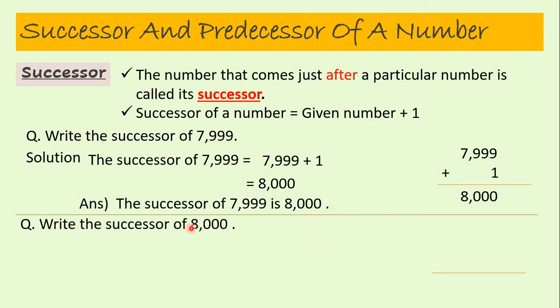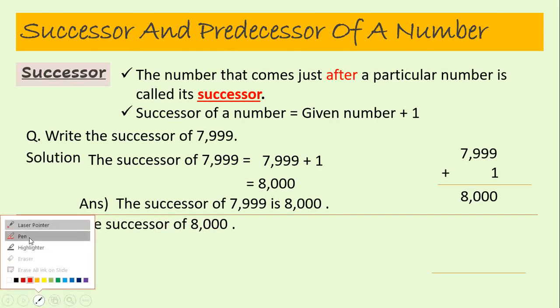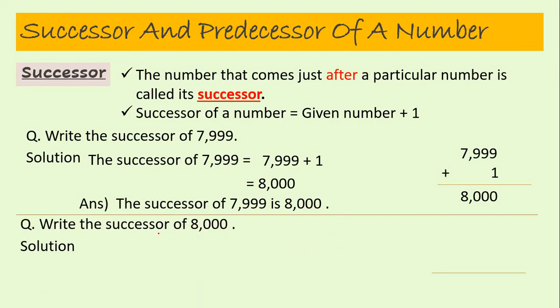Write the successor of 8000. So how to find the successor of 8000? We have already discussed that the successor of any number equals to the number plus 1. So here the number is 8000. So the successor of 8000 is 8000 plus 1. So let's add. I have already written it here.